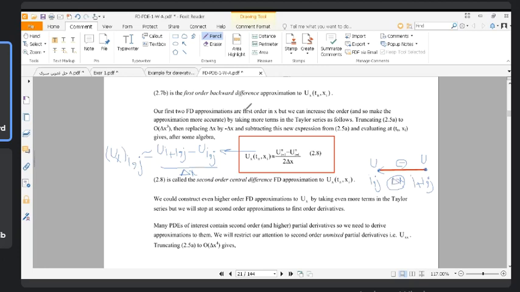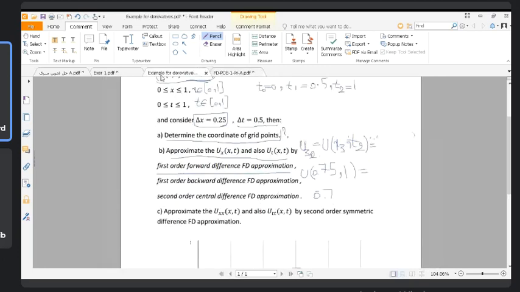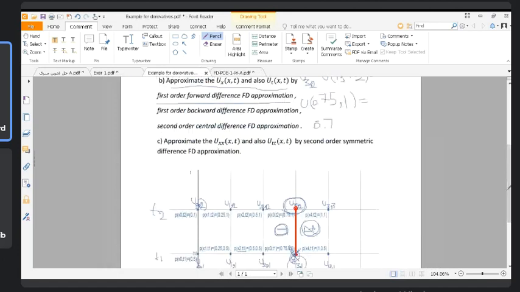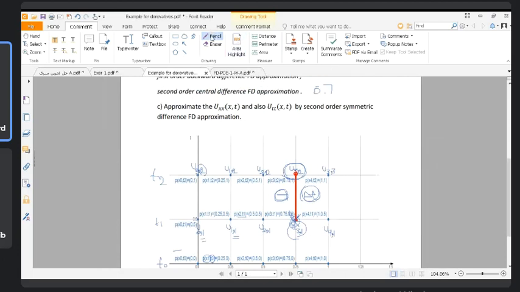For example, I compute one case for this formula. Please let me erase this.